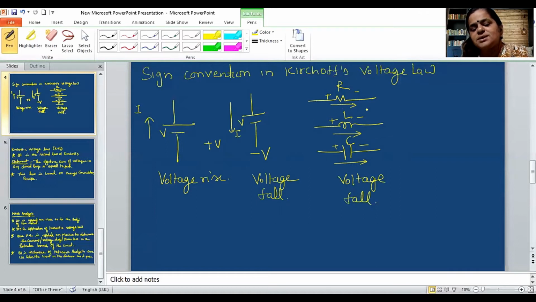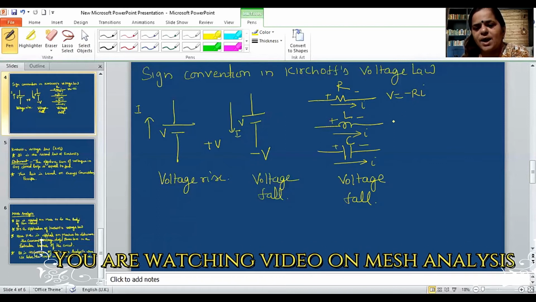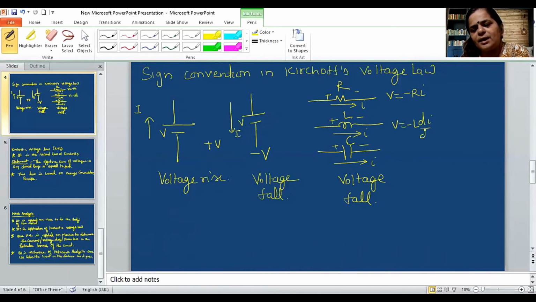So the voltage across the passive element, suppose this is I, this is I, this is I, we will write V equal to the voltage drop: minus R into I, and here also minus L di by dt, and here minus 1 by C integration I dt.